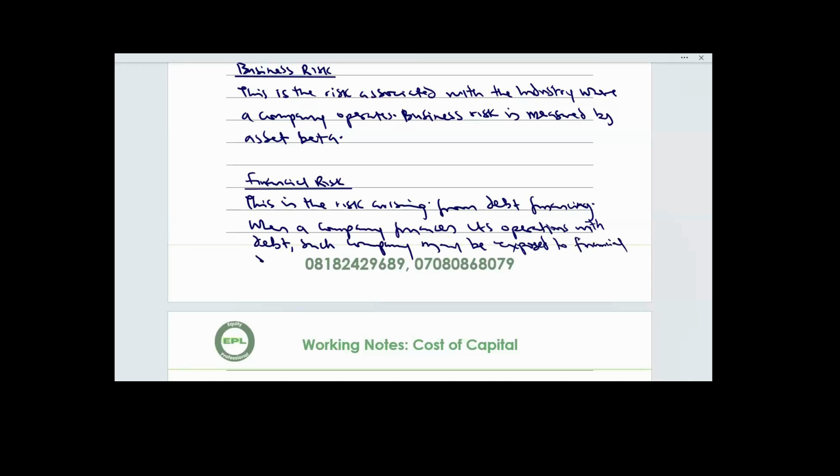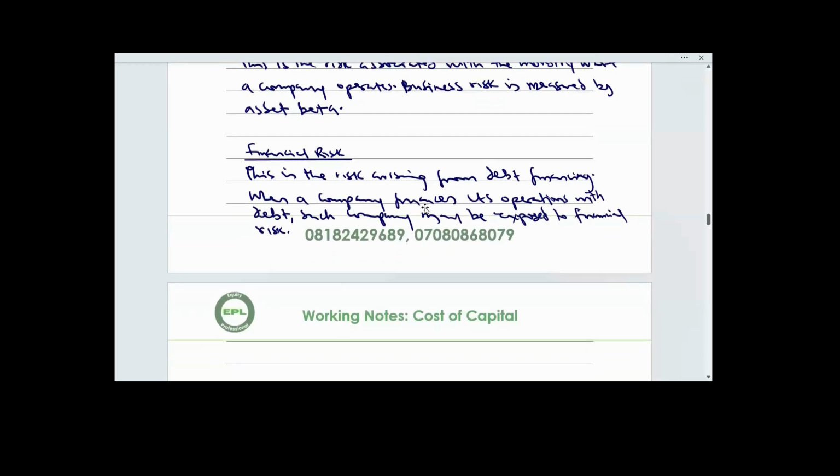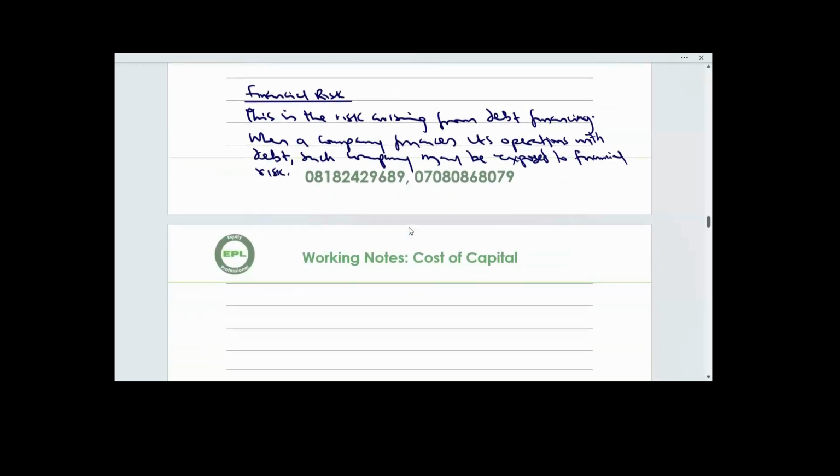So when a company has debt in its capital structure, for example, debt like bonds, debenture, loan notes, or bank loan, then there is likelihood that the company may be exposed to financial risk. So financial risk is measured by equity beta.